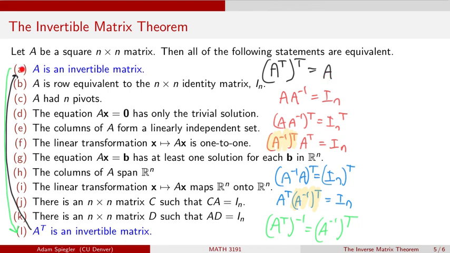So now we've got that A implies L and L implies A. So if A is true, L is true. If L is true, A is true. And therefore, since A is equivalent to all of these other statements, L also is equivalent to all of these other statements. So the equivalence of this list of statements from A all the way down to L, this is what we call the invertible matrix theorem.